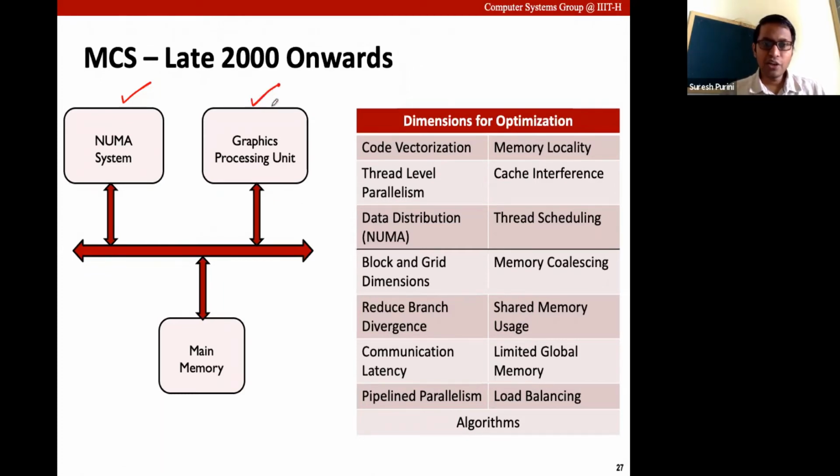The architecture of the graphics processing unit is completely different from a multi-core processor, and the programming model is also completely different. So you cannot just write a C program and expect it to run on a graphics processor. The compiler really has to do a lot of hard work, and in most cases that is not sufficient.